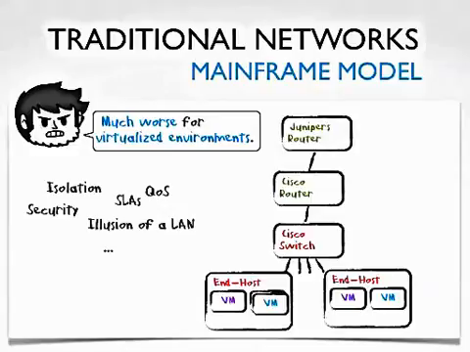They have to provide isolation, QoS, SLAs, and lots of other security features, just to provide the illusion that these 2 VMs are running on a LAN. And it is really hard because networking gear does not provide good management APIs.